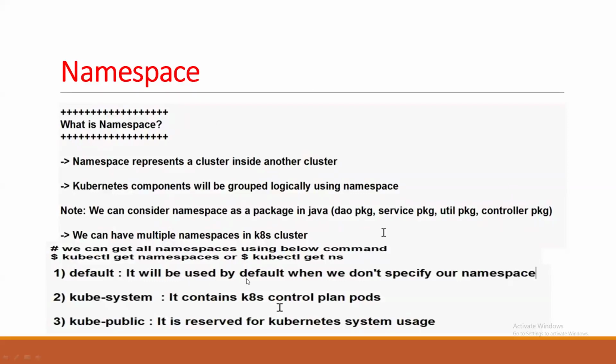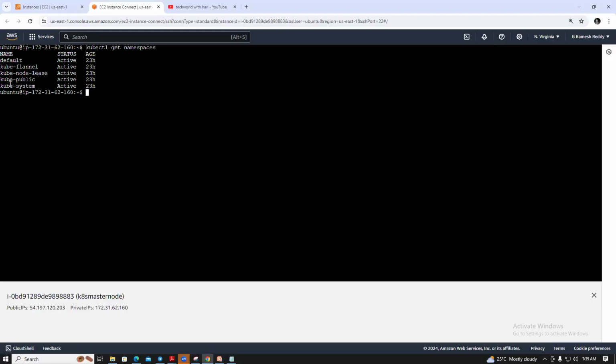Default will be used by default when we don't specify our namespaces. If you are not specifying any namespace, it automatically takes the default namespace. Kube-system contains the Kubernetes control plane pods.